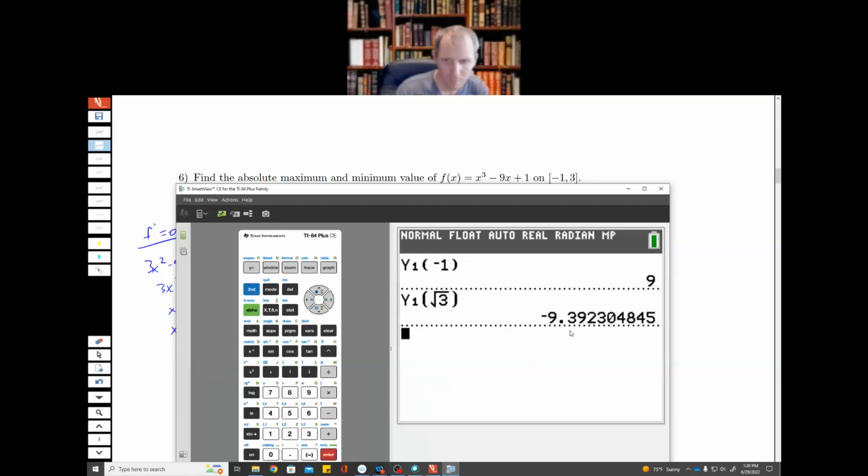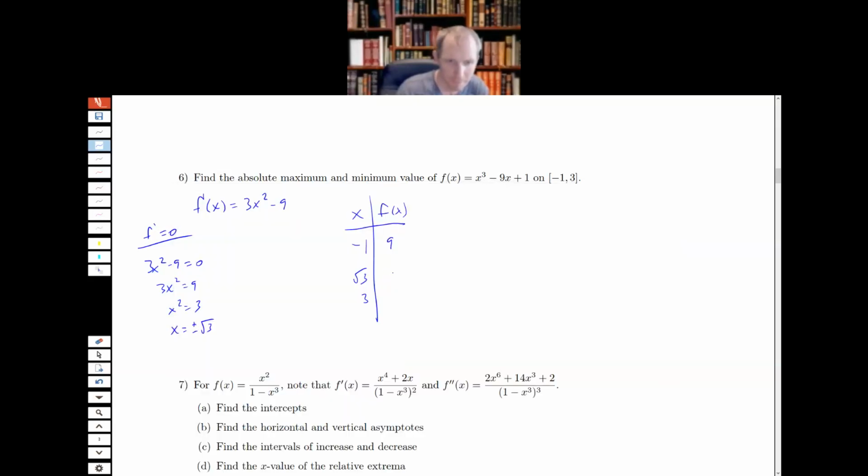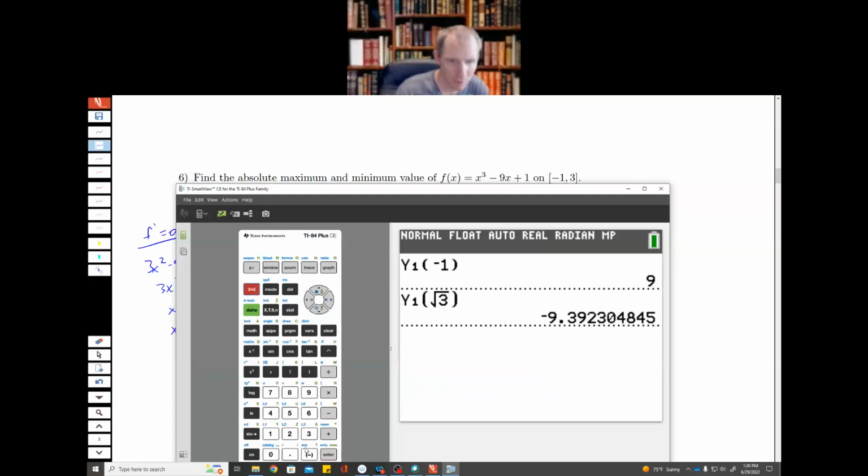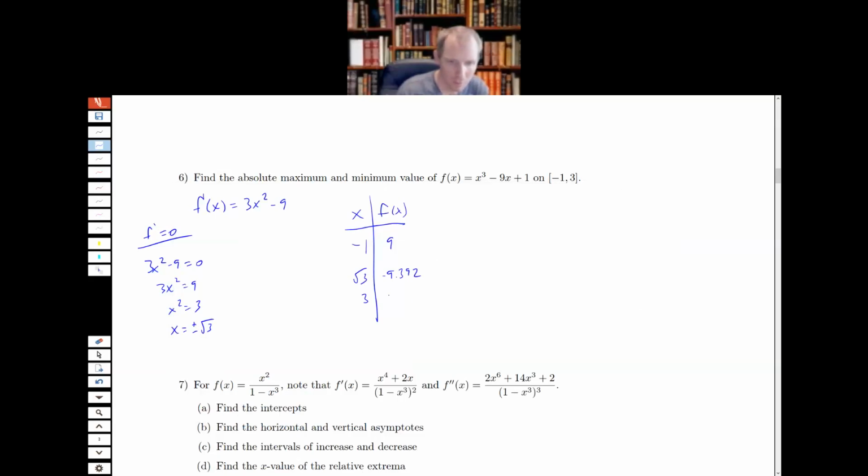Put in root 3, and I get negative 9.392. Put in 3, it looks like I'll get 1, but I don't trust my mental math, so let's just check it. Okay, so 9 is the max, negative 9.392 is the min.